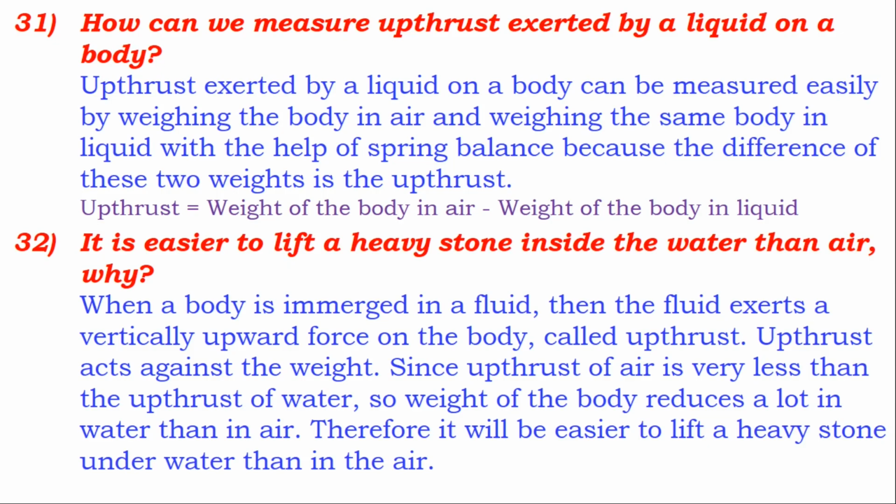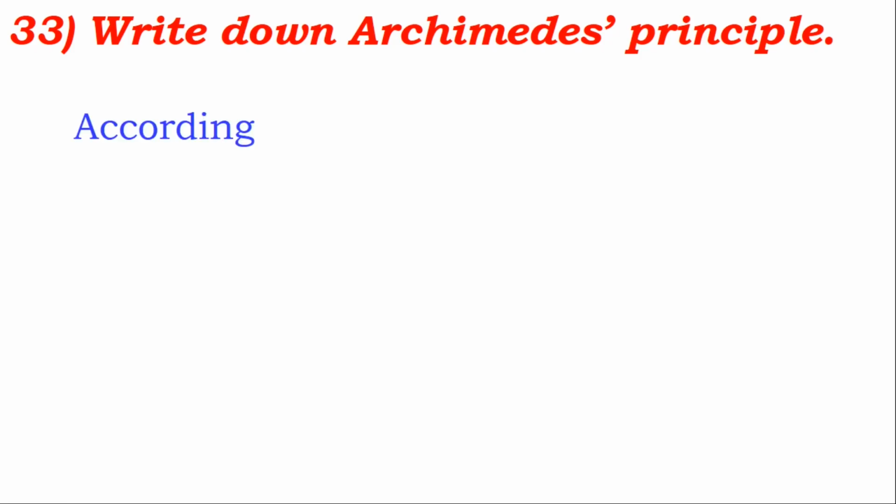Okay, let's go to another question. Write down Archimedes principle. I am representing this with very big letters. The reason is Archimedes principle is very important for this chapter, pressure.